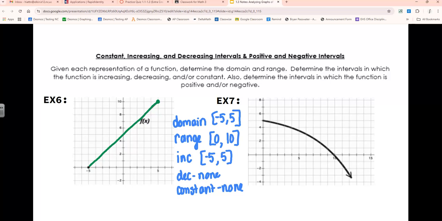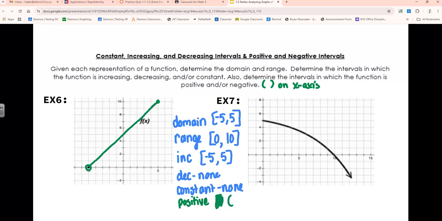So whenever they ask positive or negative, you're most of the time going to use parentheses for a point that's on the x-axis. Again, I'm probably not going to try to trip you up too much on that. But we're not going to include that point at -5 because we're not positive or negative there. So we would be positive from, oh, look at me.